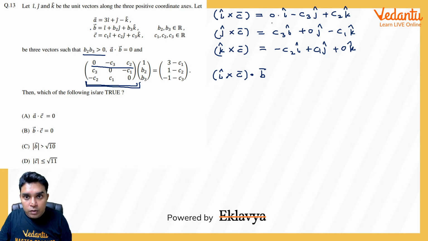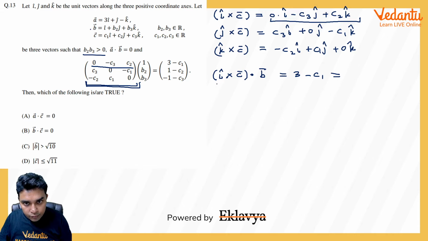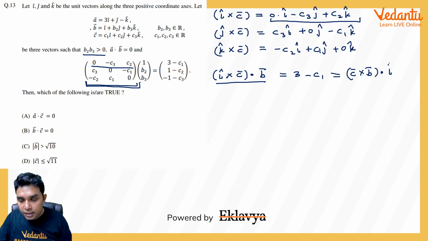It is equivalent to taking dot product of I cross C with B vector, and it is coming out to be 3 minus C1. I can also write this as, please listen carefully, just the box product of I C B. This box product can also be written as C cross B dot I. Let me check. C B I, C B I. Yes, it can be written like this.